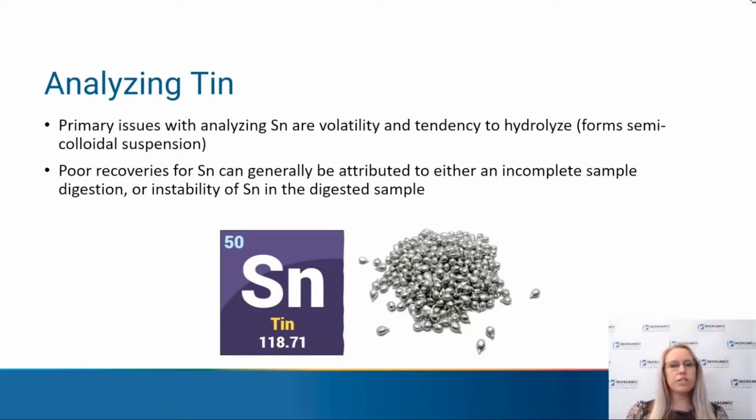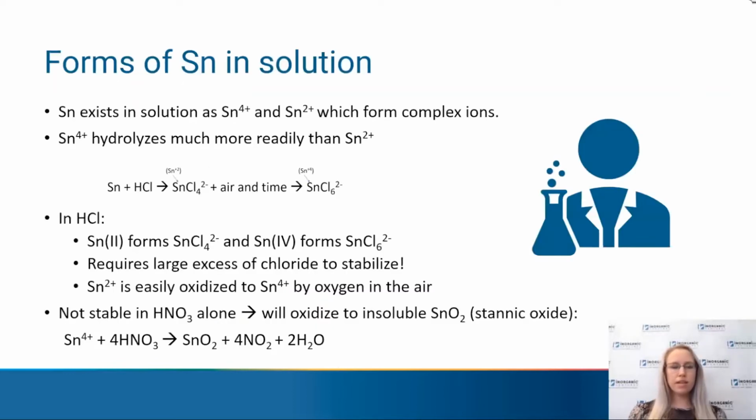So poor recoveries for tin can generally be attributed to either incomplete sample digestion or instability in the digested sample. In solution, tin forms tin 4 and tin 2, which both form complex ions. Tin 4 hydrolyzes much more readily than tin 2, so tin 4 is really going to be your issue for stability in solution.